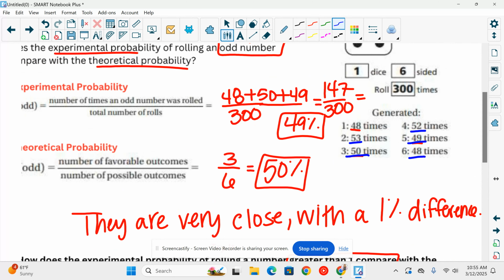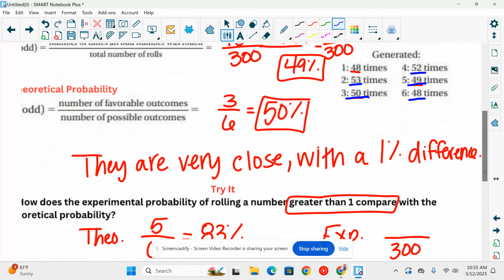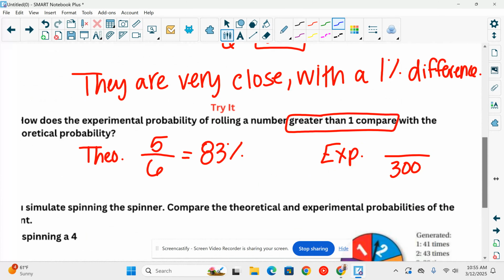We can add up all the blues, or we can just subtract 48 from 300. So you should have gotten 252, Dalton.